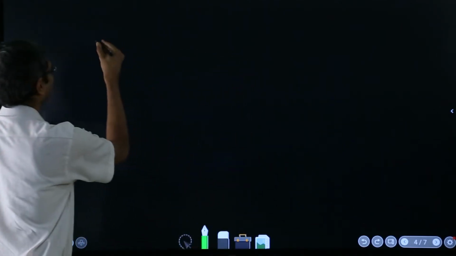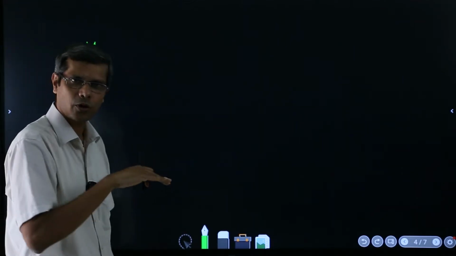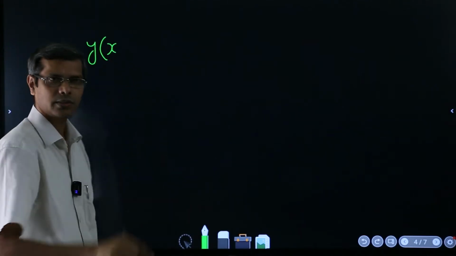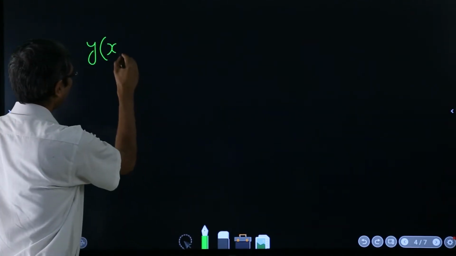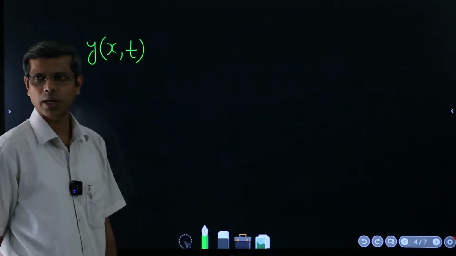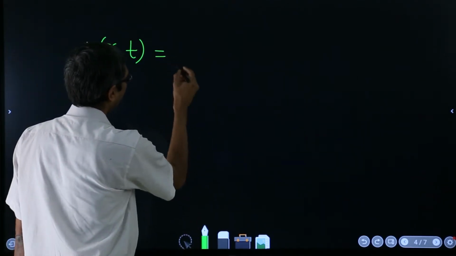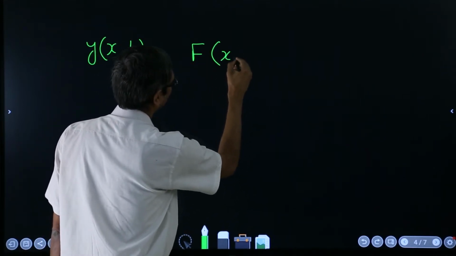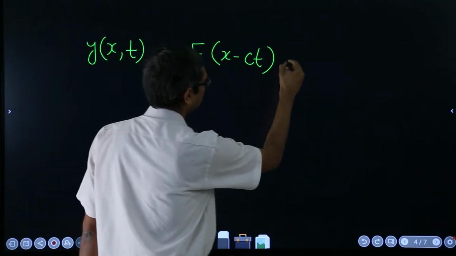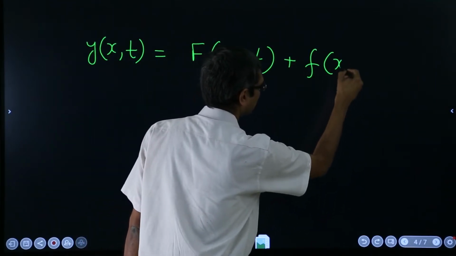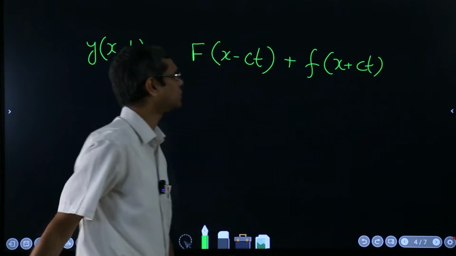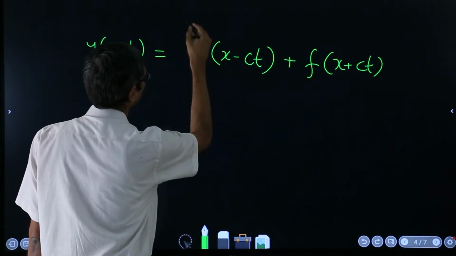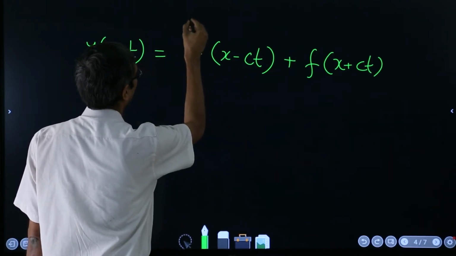Let me write y. So y is the displacement from the equilibrium of the string, which will be a function of its distance from some origin x and time t. Both are variables, and that will come out to be f of x minus ct plus some small f of x plus ct. So that is what we have come up to, and we said that this is the solution to the equation.